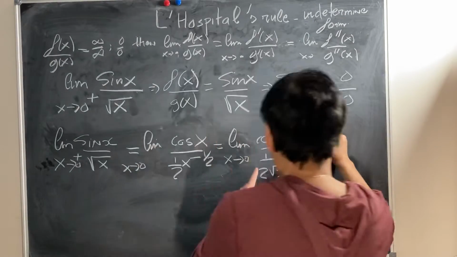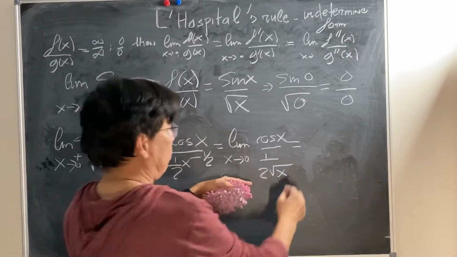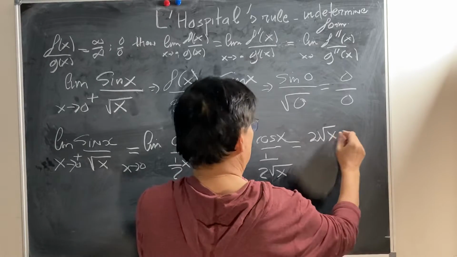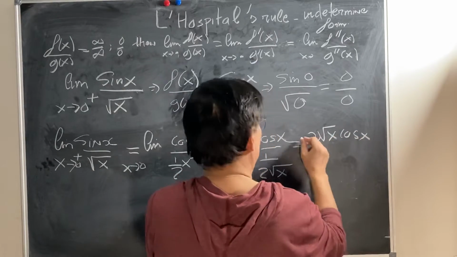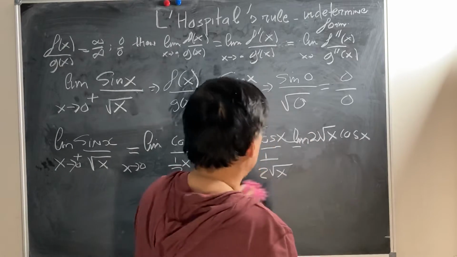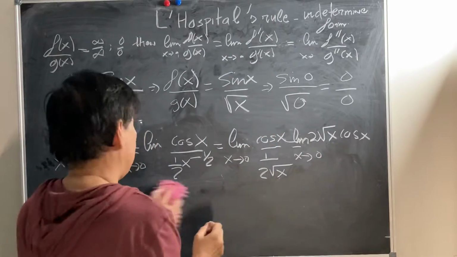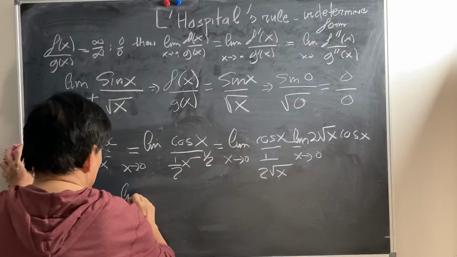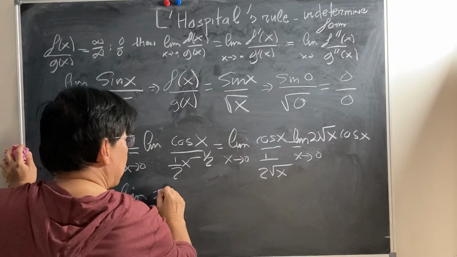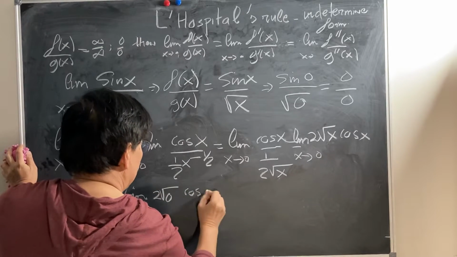Cosine x divided by 1/2 square root of x becomes the limit of cosine x over 2 square root of x as x goes to 0. If you put 0 in there, then you have 2 square root of 0 and cosine 0.